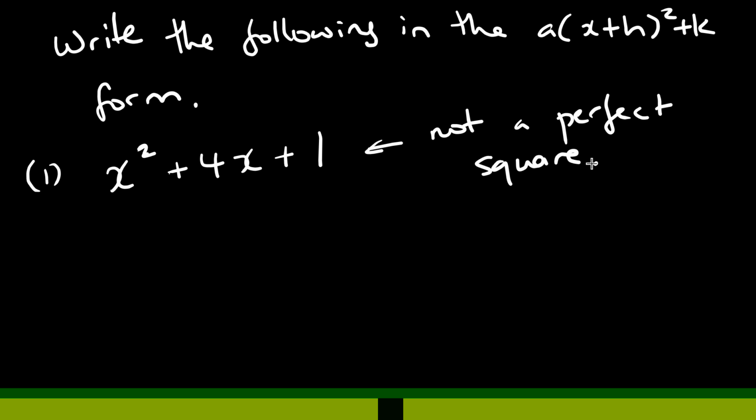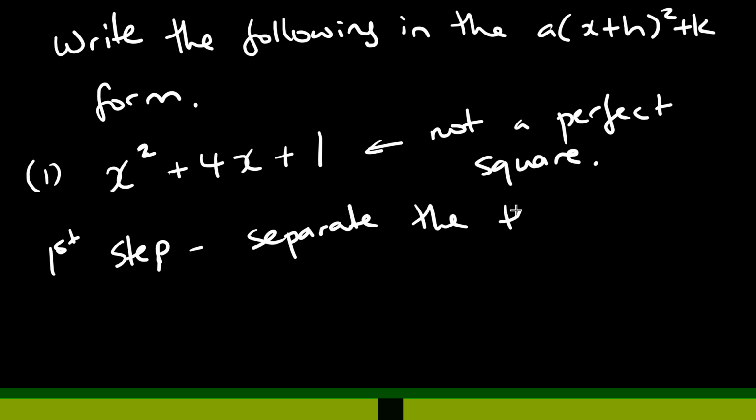Well, our first step is to, for lack of a better term, shove that plus 1 to the side. So our first step, separate the terms in x. Yeah, this writing is getting worse progressively.